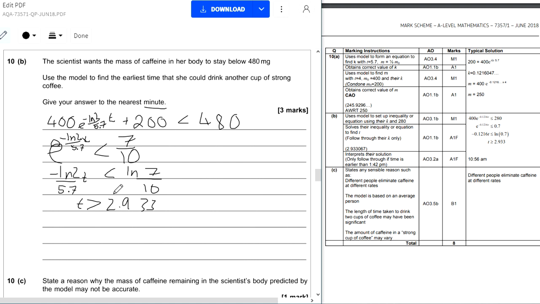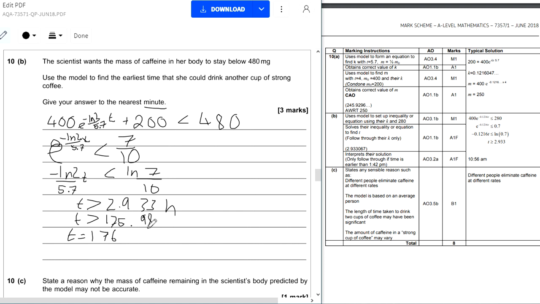So we've got to convert this into minutes, which is just going to be times by 60. So times by 60, you get 175.98. And it's got to be above that, so t is 176.